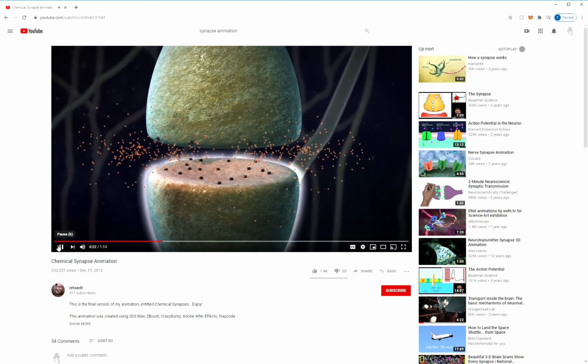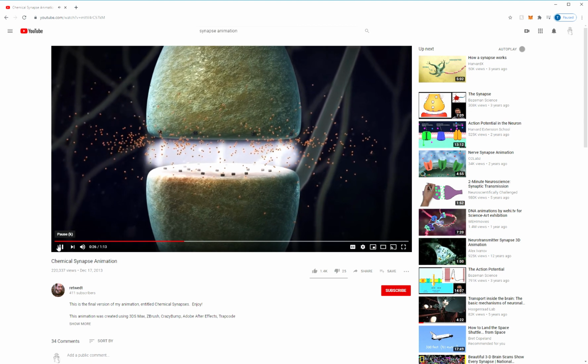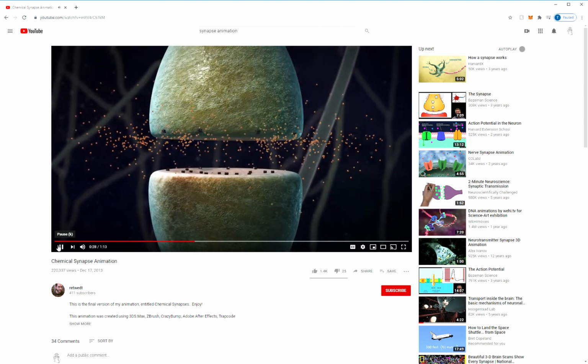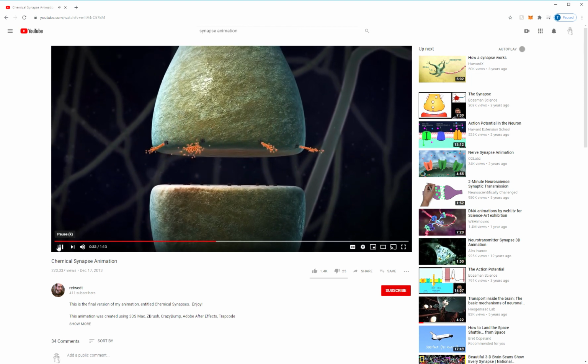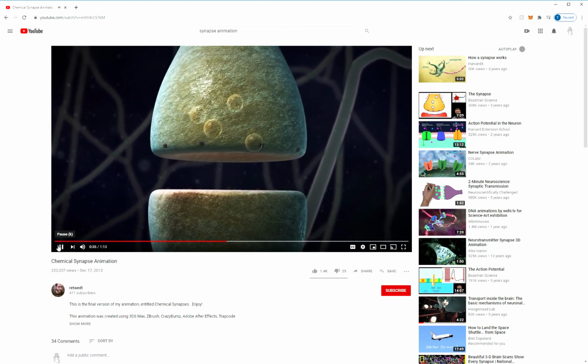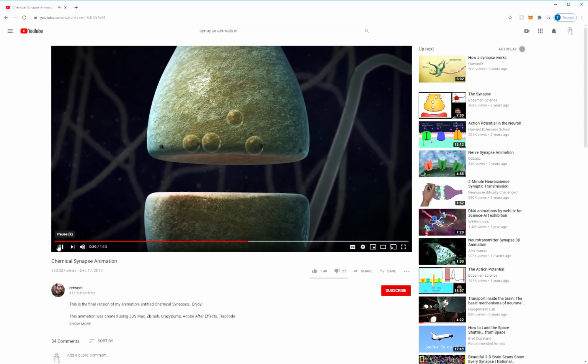Okay, so the action potential arrives. I'm not sure what's going on here with that glow. Okay, there we go. The action potential arrived and calcium enters the axon terminal. Vesicles filled with neurotransmitter are released.